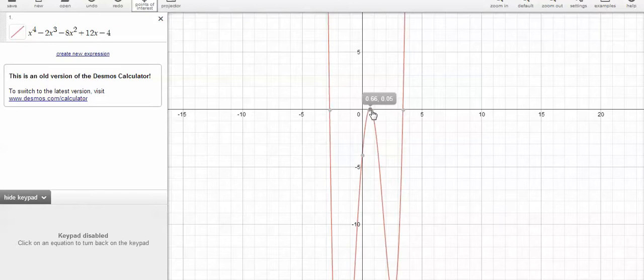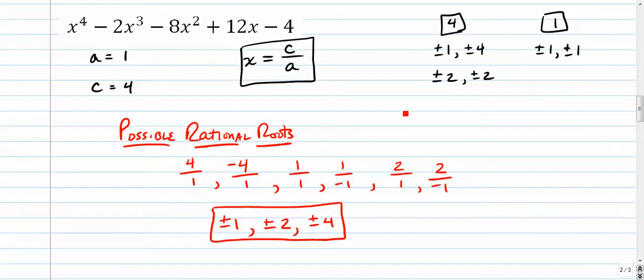And then if I zoom on all those, I'm noticing that they're all decimal values, and they actually aren't rational numbers. These are irrational numbers, right? So this function actually does not have any rational roots.